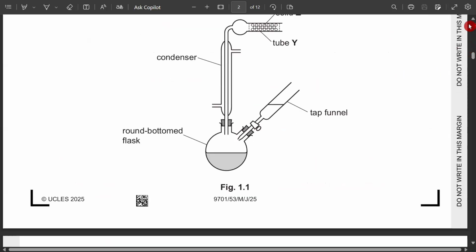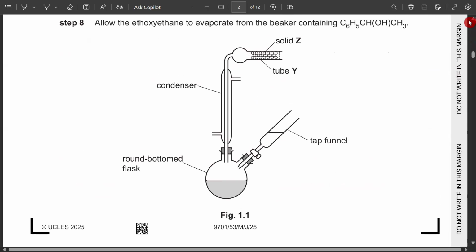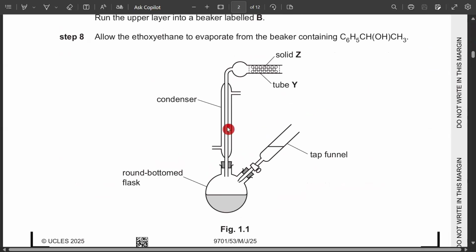Although this figure was never used in your lab experiment in your AS level, you might have seen this diagram before. For example, you have seen that condenser. You must have seen this round bottom flask before, and this one is a tap funnel, which just at the bottom end looks more like the burette.